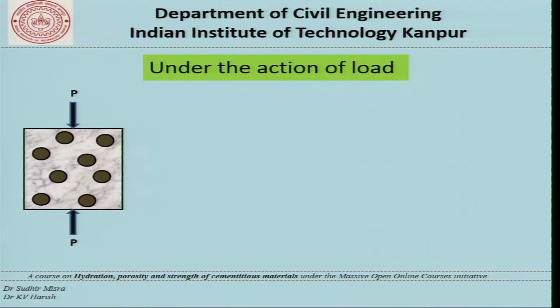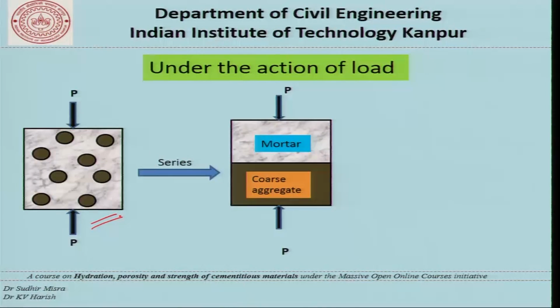Now if we look at the action of this concrete, which is the real concrete, under the action of load, when the phases are in series, what we will have is a system like this. Basic physics tells us that in this case, both the mortar and the coarse aggregate will carry the same load.